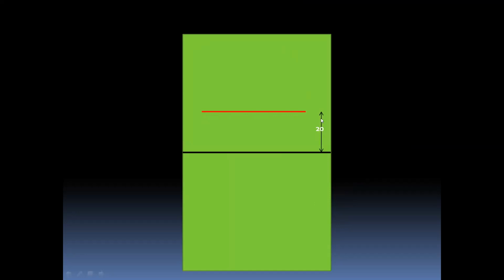It is at distance 20 mm. So you can take the distance 20 mm with respect to the XY line, and then draw one horizontal line. You can take a suitable length. Let us take this length as 50 mm, so the true length of the line is 50 mm. So this line is drawn with 50 mm dimension.